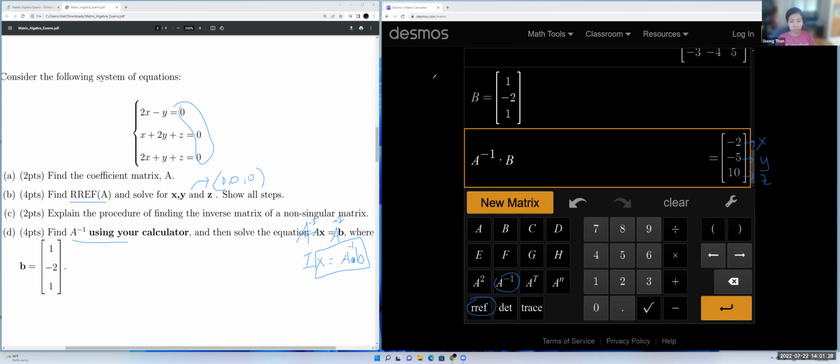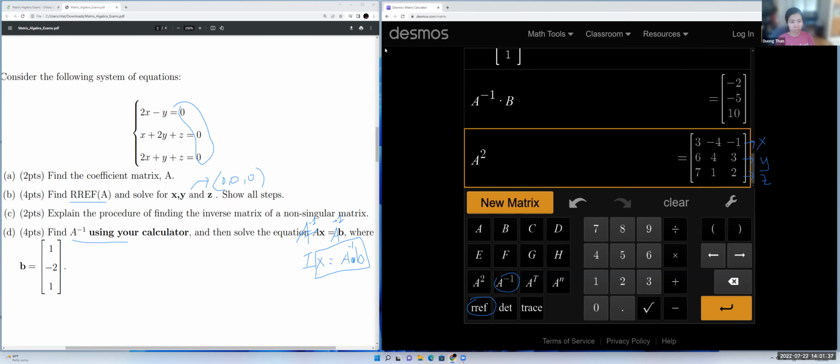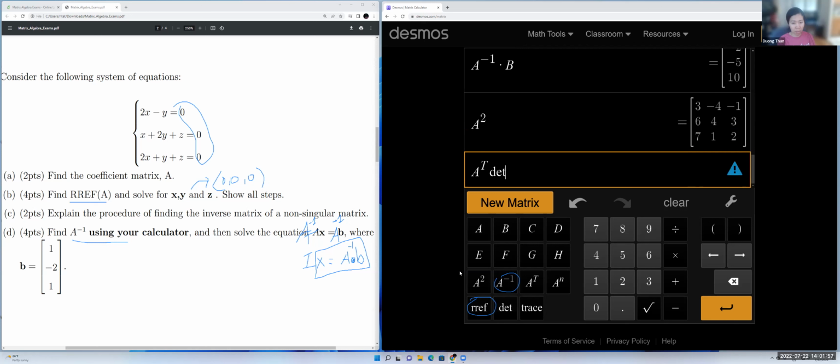For example, you can find the square of the matrix A, and you can find the transpose of A, which swaps the rows and columns. You can find the determinant of A, because A is a square matrix.